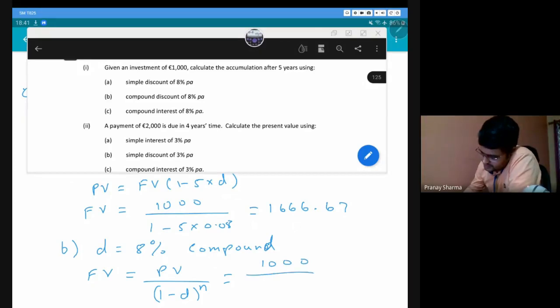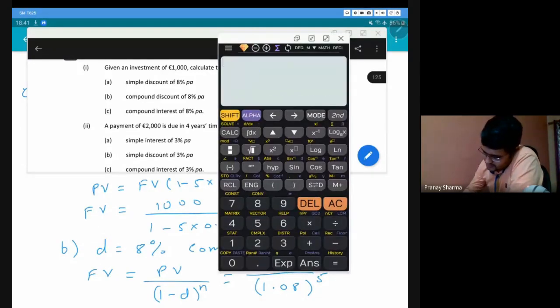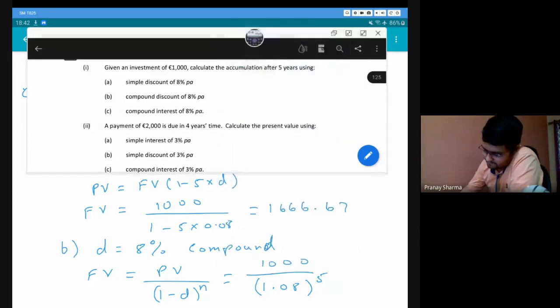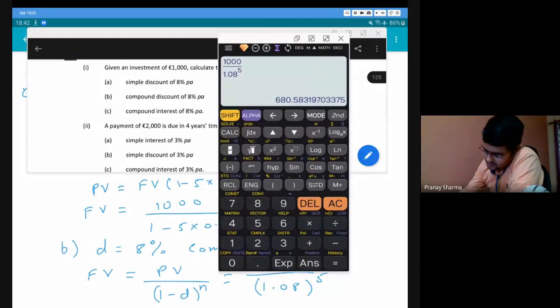We'll have 1000 by 1 minus 0.08 raised to 5. As soon as I saw that my future value is less than present value, I knew that I made a mistake.